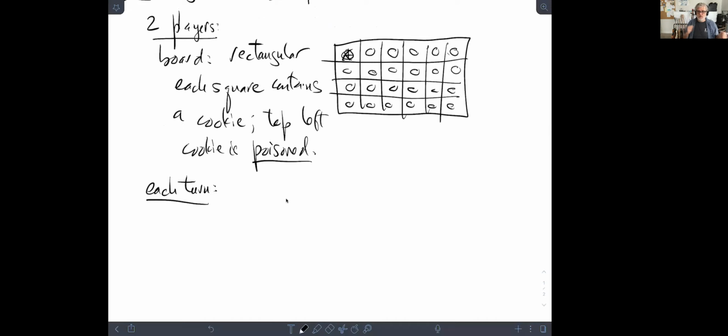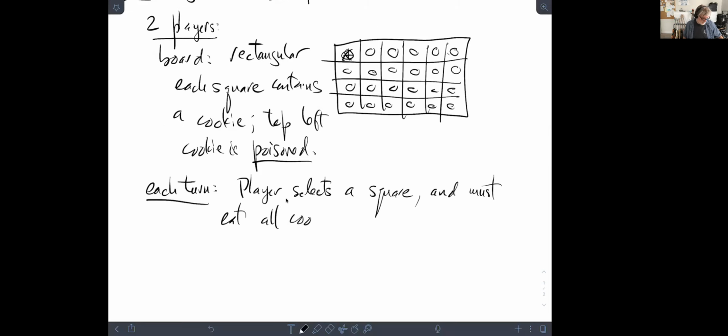A turn consists of this: a player selects a square, and must eat all cookies below or right of that square, including that square.